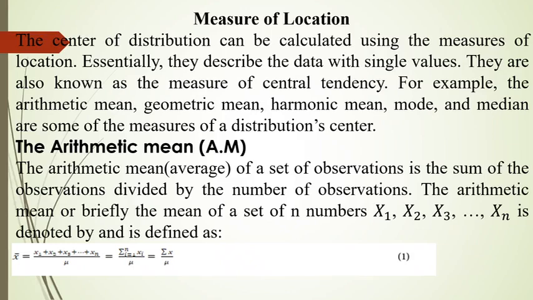Sorry, in this study material it's supposed to be n, not mu, in equation 1 of study section 2 unit 1. Please take note. So it will be x1 plus x2 plus x3 up to xn all over n. It's going to be summation i ranges from 1 to n, xi all over n, which is also summation of x all over n.